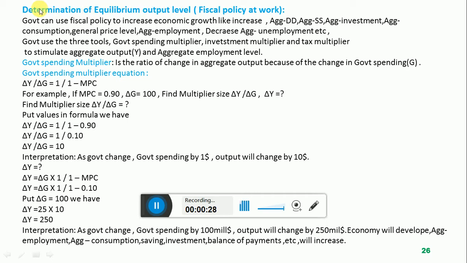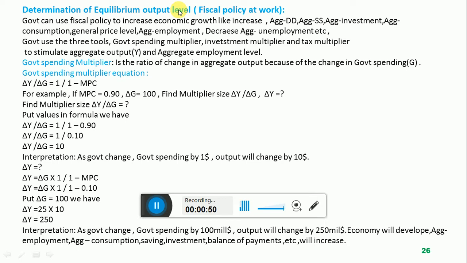Let me elaborate what is the meaning of determination of equilibrium output level. Determination of the output level means increase in the GDP or GNP or aggregate output of Afghanistan, or decrease in the GDP or GNP or aggregate output of Afghanistan.